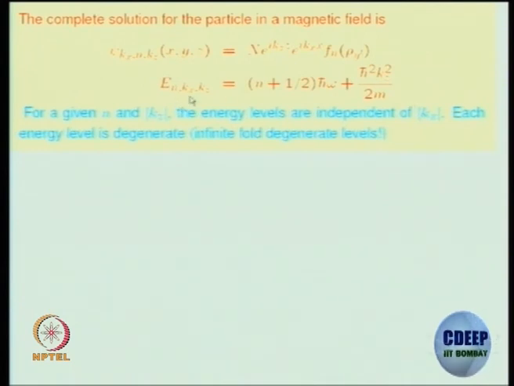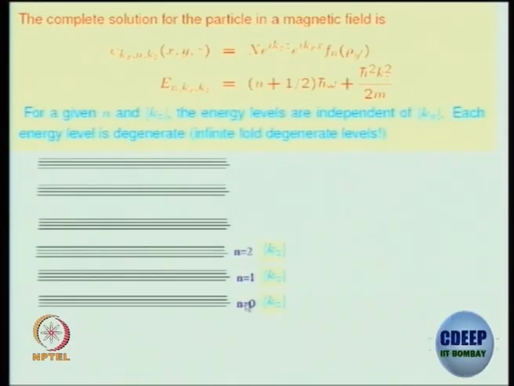Kx can be anything for a given n and a given kz, which means there is an infinite fold degeneracy in the wave functions. You can have many possible wave functions for different kx, but a specific n and a kz. Highly degenerate, infinitely degenerate.